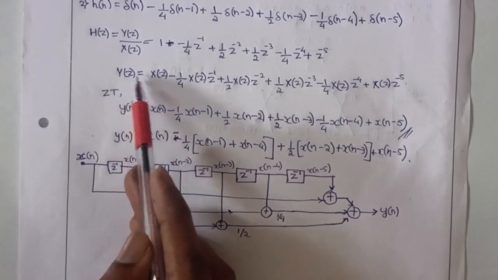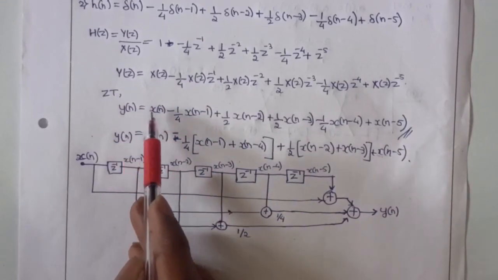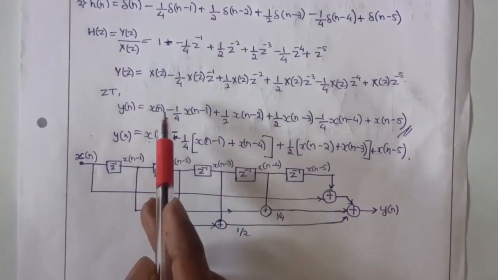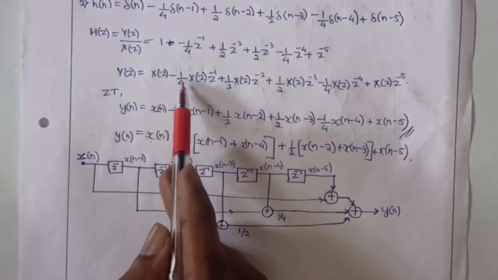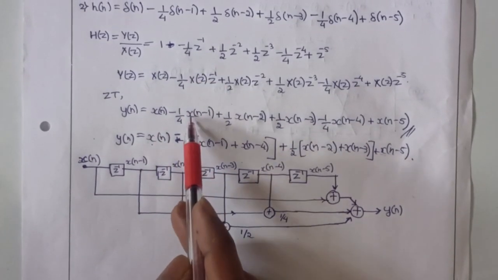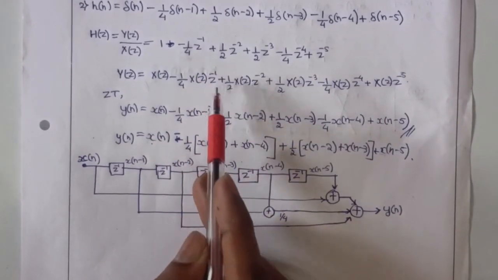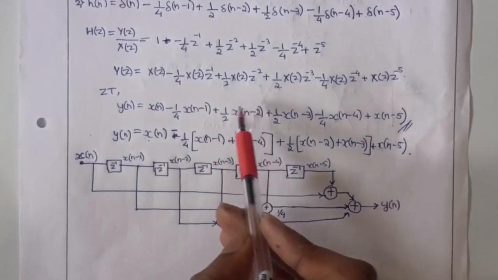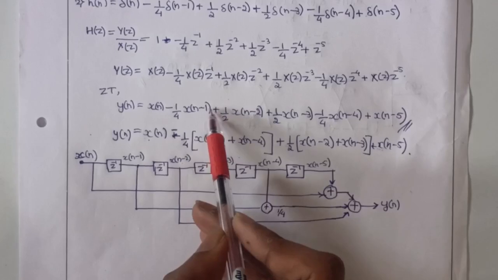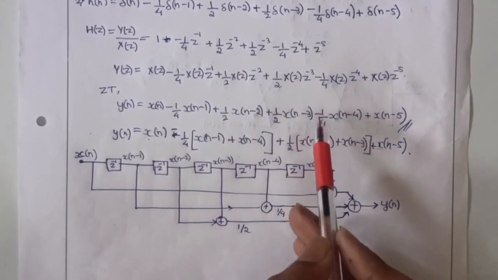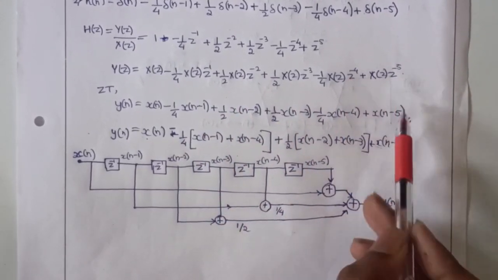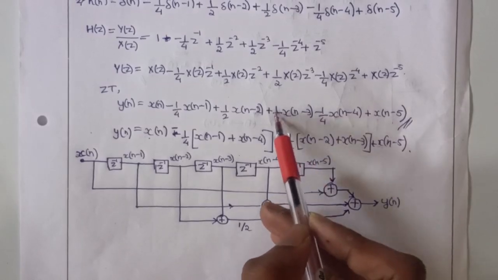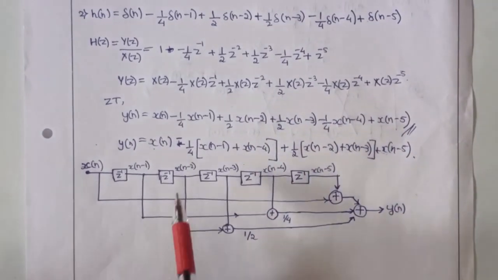Taking the inverse z transform of this equation, wherever X of z is there, we write x of n, and whatever the power of z raised to minus is, it will be the delay for the function. Similarly, x of n minus 1, x of n minus 2, x of n minus 3, x of n minus 4, and x of n minus 5 with the respective coefficients.